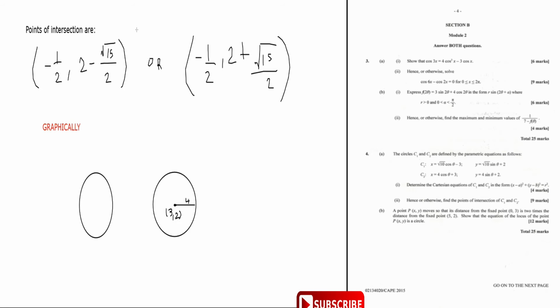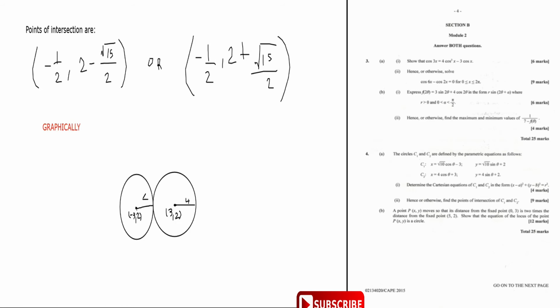Let me move it over a little. So it's like this is the circle that we have, and this right here is the circle minus 3, and the y value is still 2, and this radius is just the root of 10.